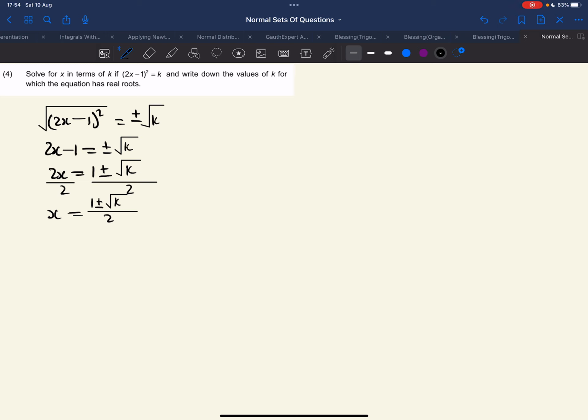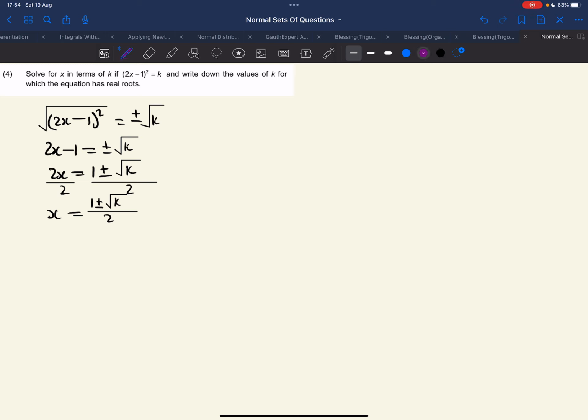Now they want you to write down the values of k for which the equation is going to have real roots. This part of the question is what we call the nature of the roots.